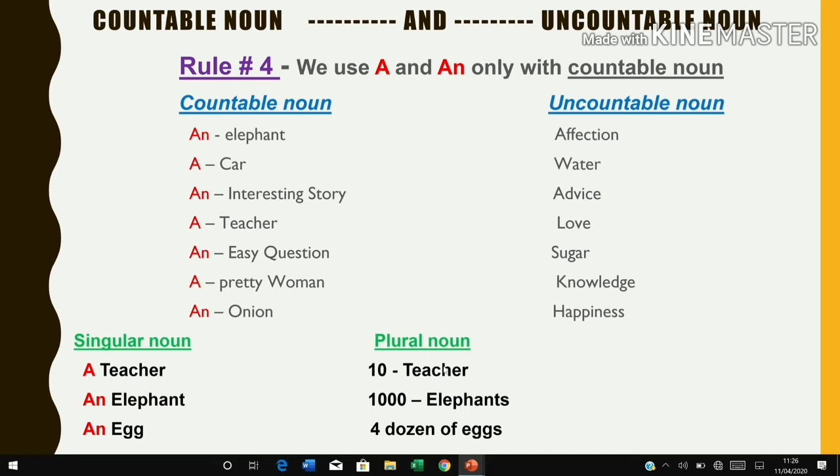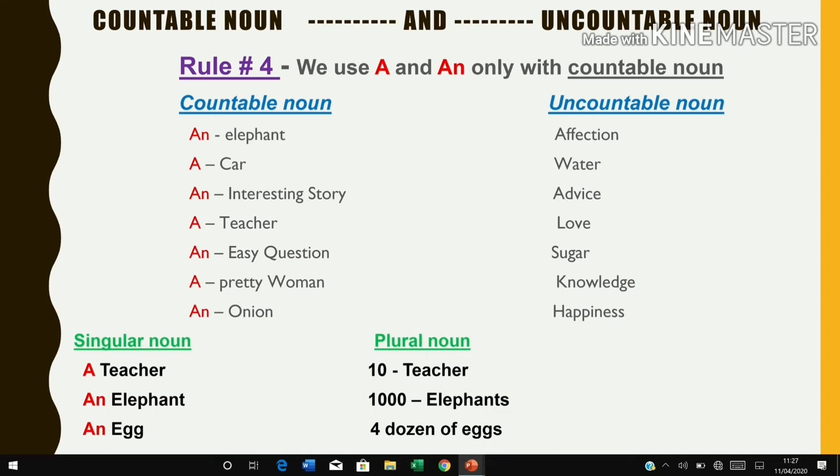So the rule says we can use our articles a and an before the countable and singular noun only. We should not use any type of article before the plural noun.